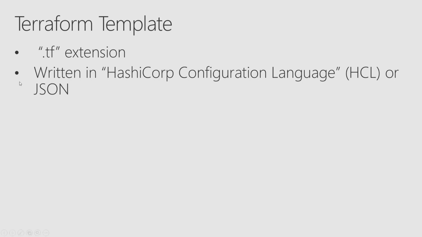So Terraform itself uses a template that has a .tf extension, and that's very, very straightforward. All you need to do is create a file inside the directory that you're going to be using and just call it .tf at the end. So that's all you need to do.